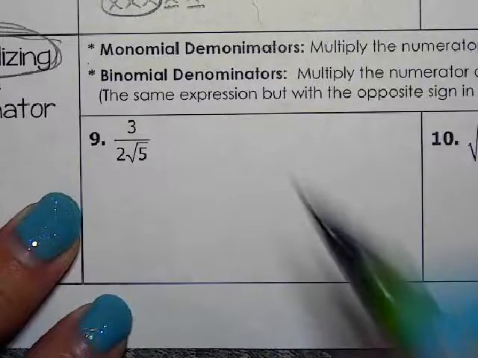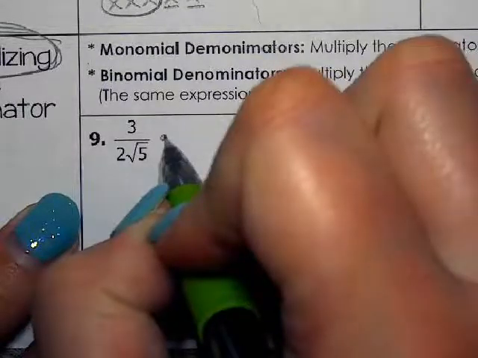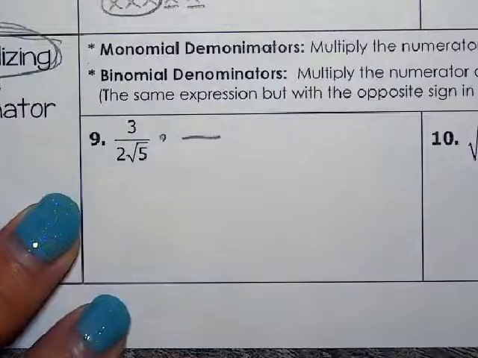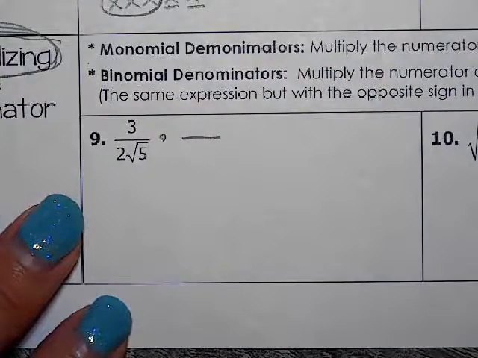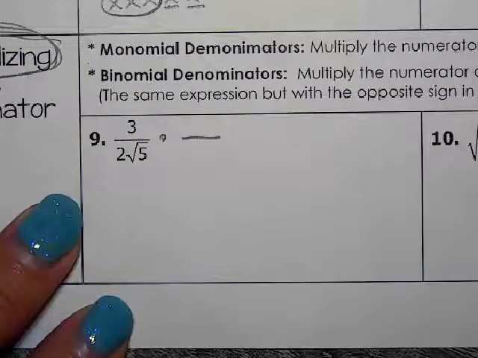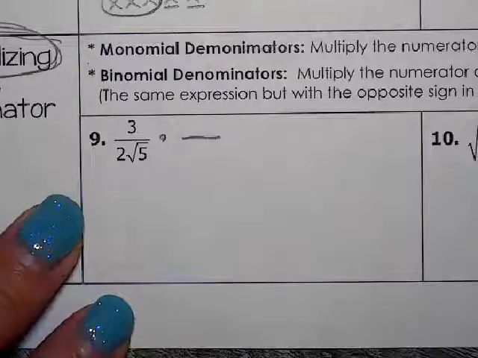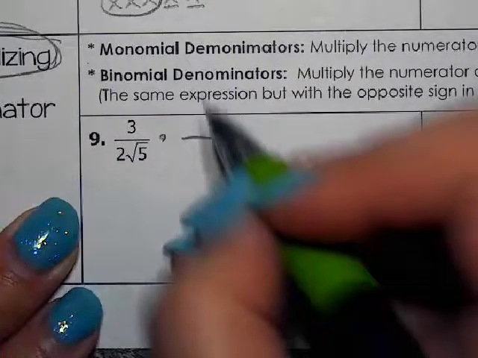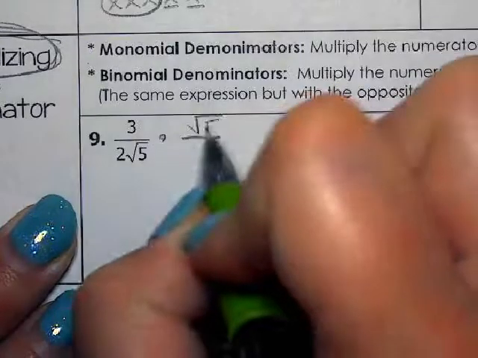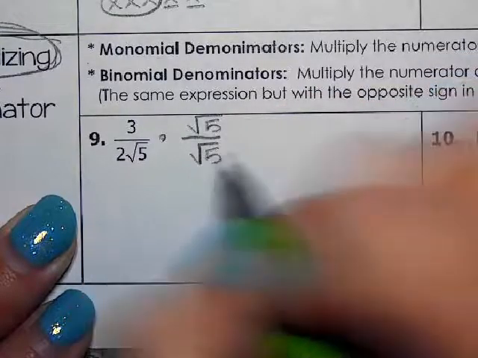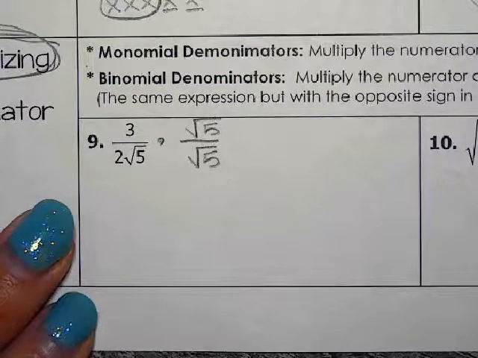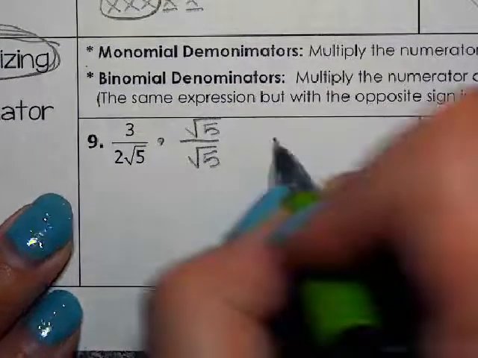And remember, 1 can be the number 1, but it can also be any fraction where you have the same number over itself. So 1 could be 3 over 3, 1 could be x over x, 1 could be 7 over 7, 1 could be pi over pi. And so in this case, the one that we're going to multiply by is going to be root 5 over root 5. Okay, so when we do this, the top is going to become 3 square root 5.